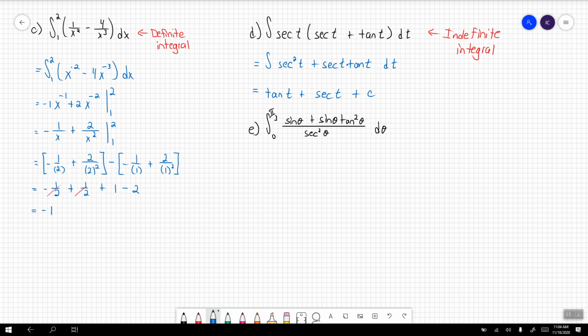So again, the integrand is not in any form that we've seen so far, so we have to use some algebraic or trigonometric techniques.